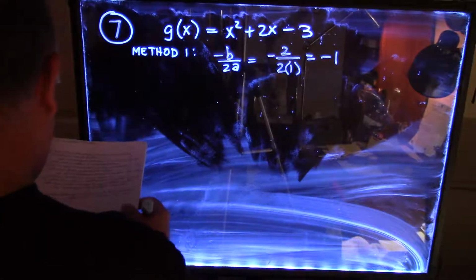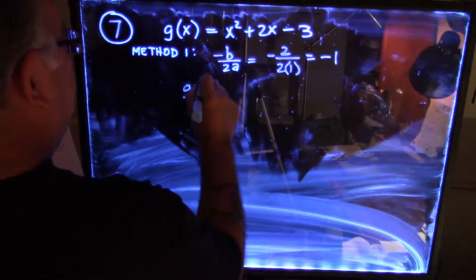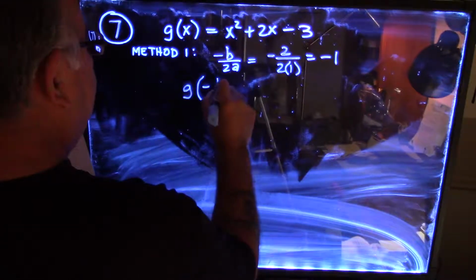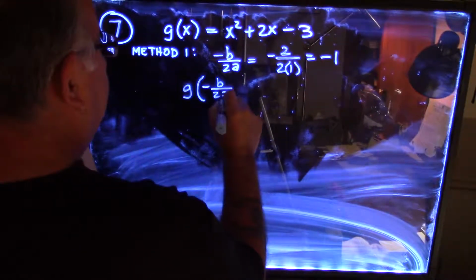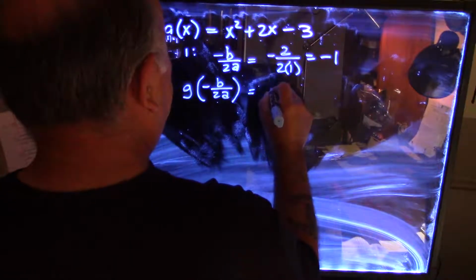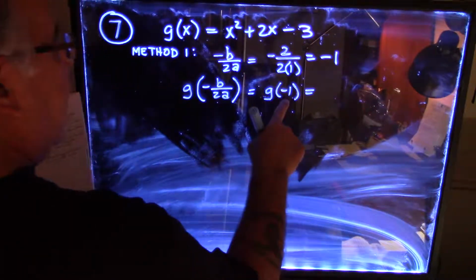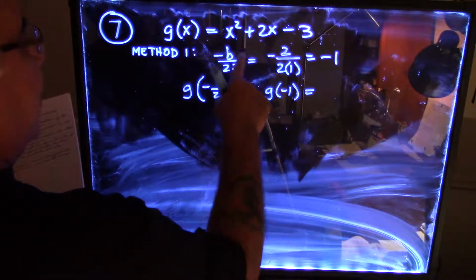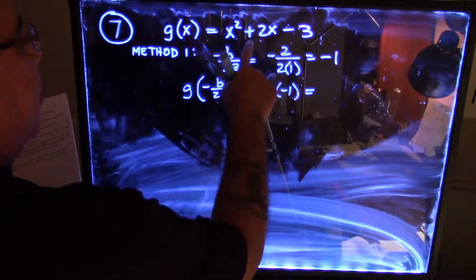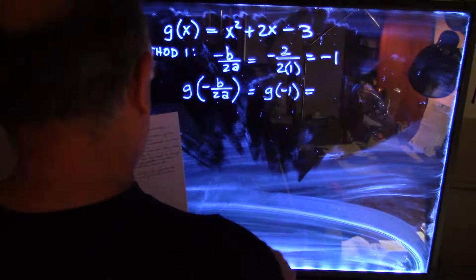Alright. And then we've got g of negative b over 2a, that's equal to g of negative 1. So for that, again, of course, you just plug in x equals negative 1 in the original function, in those two places, and then compute the result.